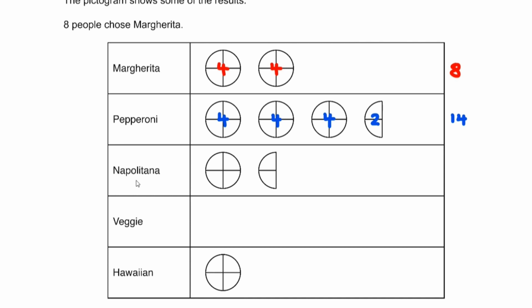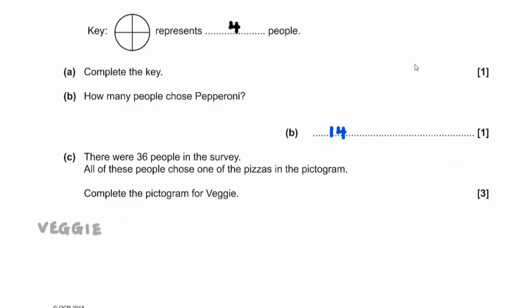For Napolitana, we have 4 plus 2, which gives 6. Veggie is what we are finding. For Hawaiian, we have 4. Therefore, for veggie, we have 36 people in total.